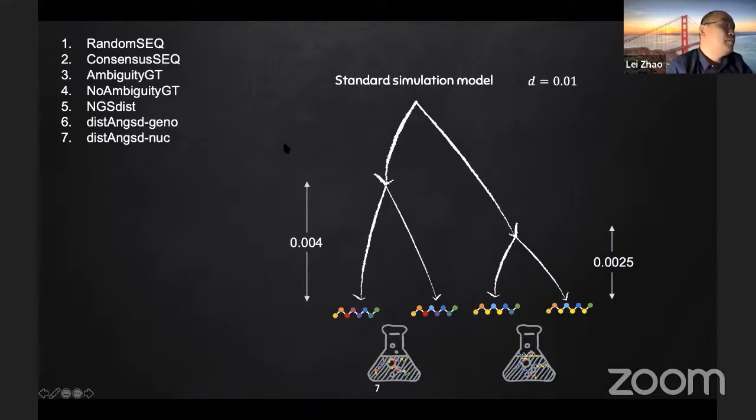The simulation model we use to test all these 7 methods is based on this. We assume this is a diploid sample, which has 2 sequences. Once you add base calling error and break the genotype into short reads, you will have a lot of reads here.